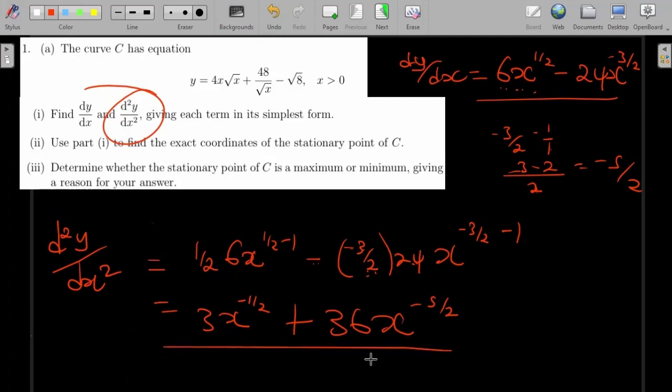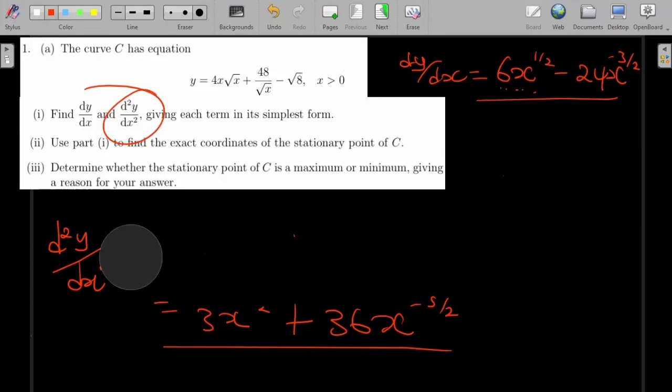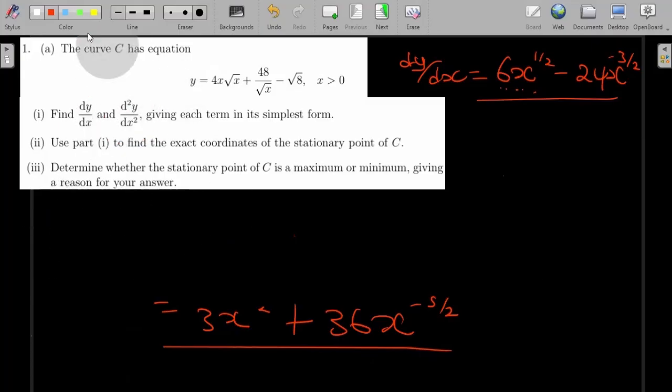So it means this one here is my second derivative, or my d2y dx2. So we'll also keep it because we'll use it somewhere. So let's write it somewhere. So we're going to say d2y dx2 is equal to 3x to the power minus half, plus 36x to the power minus 5 over 2.